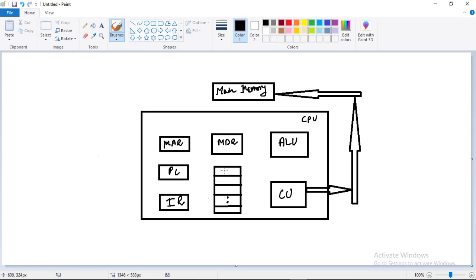And here you can write R1, R2, R3 dot dot dot Rn. These are the general purpose registers. You know these terms MAR, MDR, ALU, CU, PC, IR, because I introduced some of the names of these registers to you earlier.